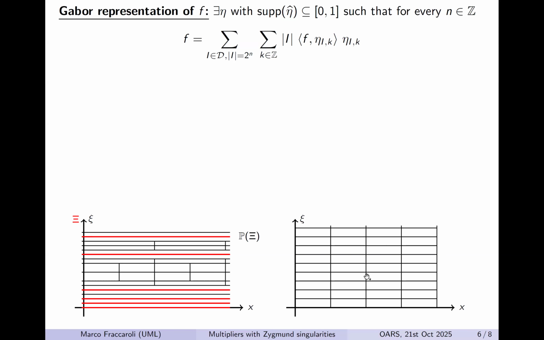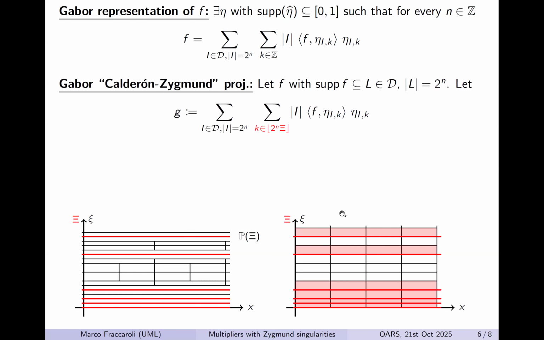But here, all the tiles have the same shape because we have fixed the scale. Through this tiling, we reproduce the function through a so-called Gabor representation, because Gabor means that the scale is fixed.